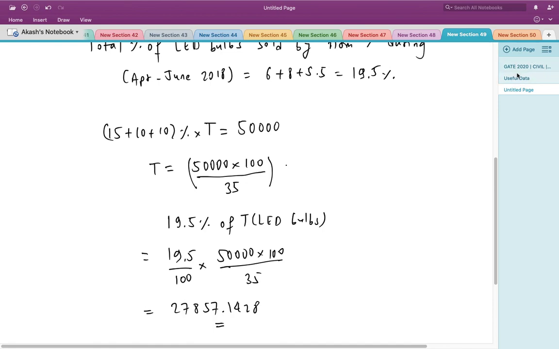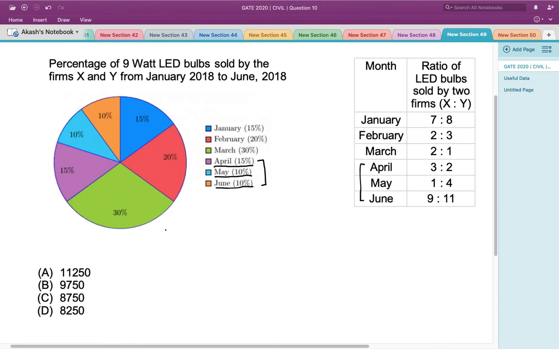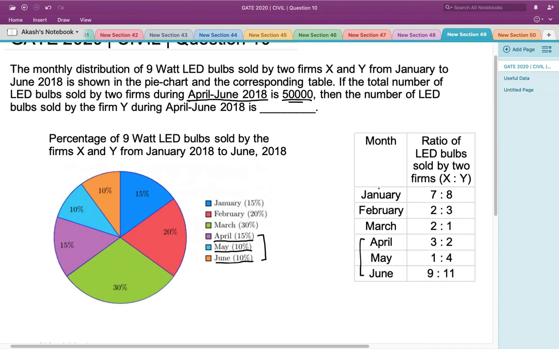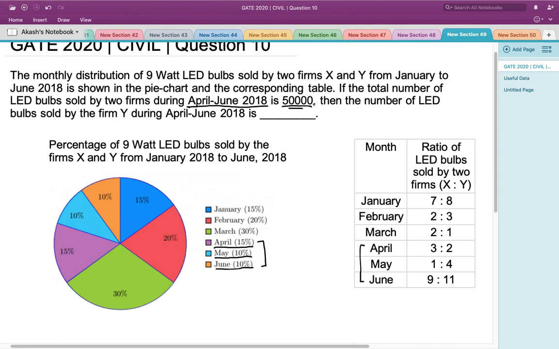And if I look at the options given in the exam, none of the options actually match the right answer. So a bonus mark was awarded in this question since the right answer matched none of the options. Here the examiner was trying to point to 50,000 as the total number of LED bulbs sold by both firms, not during April to June 2018.